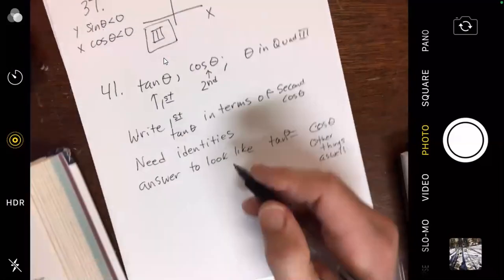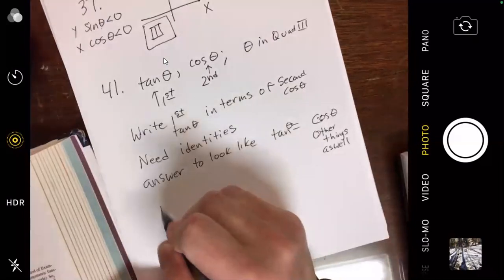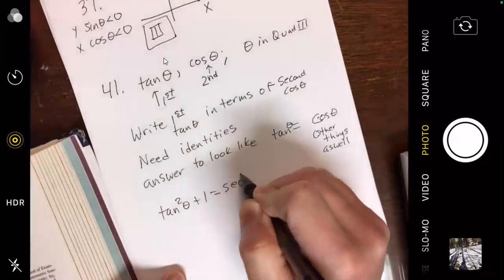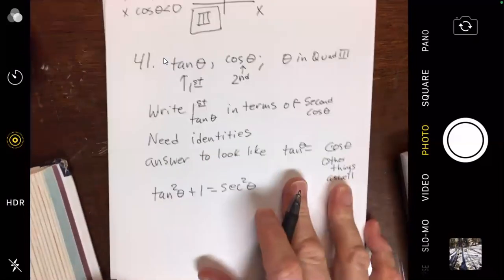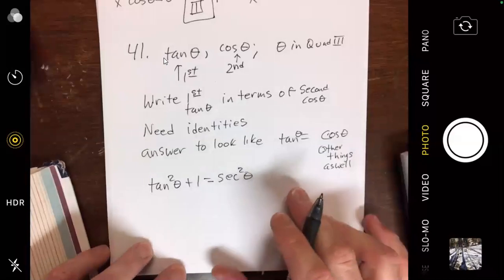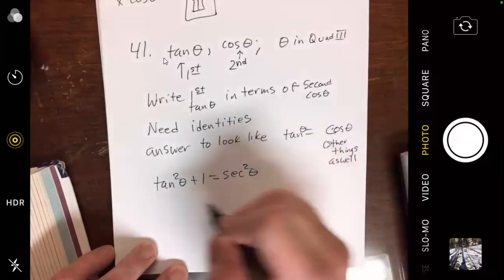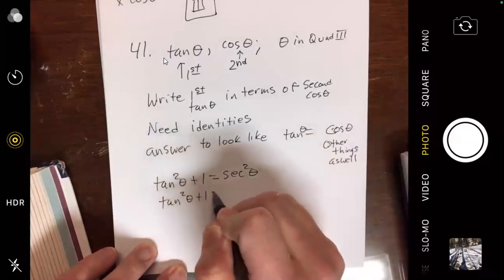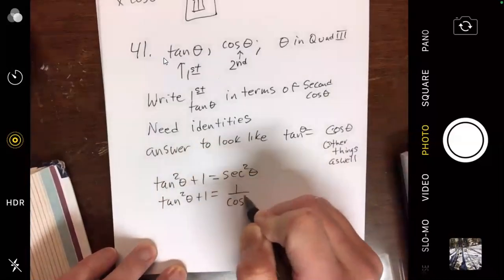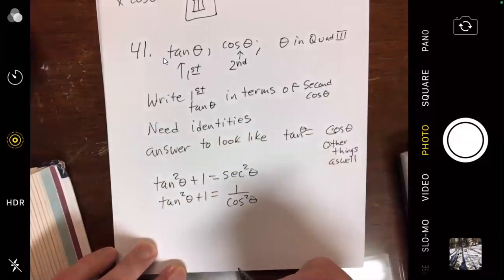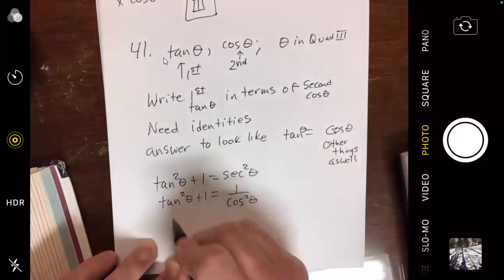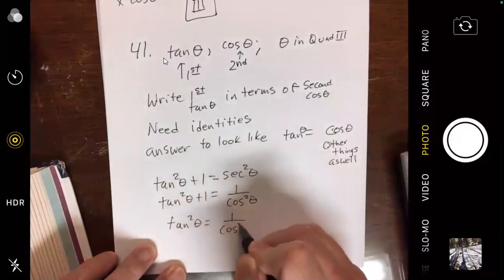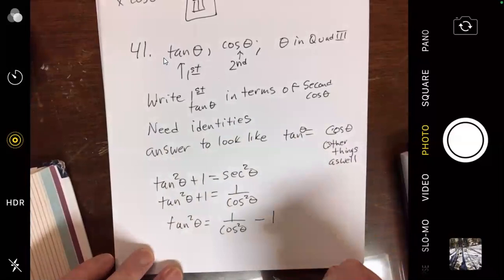So I'll start with tan squared equals secant squared, and tan squared is then 1 over cosine squared. Tan squared then, 1 over cosine squared minus 1.